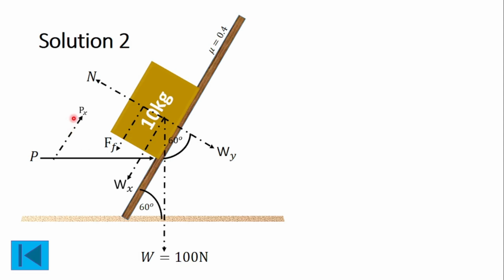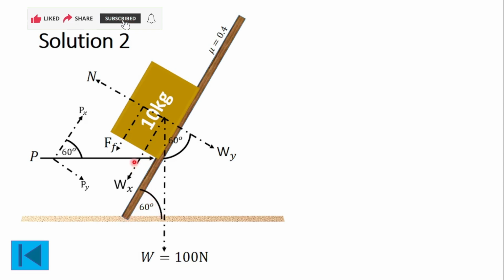So this is the horizontal component of the horizontal force P, this is P sub x, which will have an angle the same as this angle here. Why? If you look at this, this is the horizontal component and this is the plane.